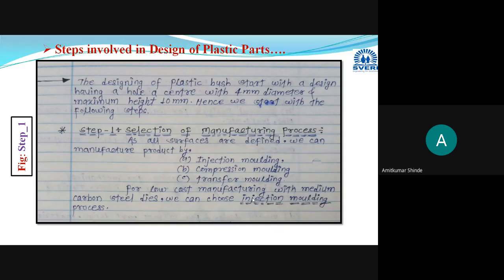And out of those three methods, injection molding, compression and transfer, injection molding is most suitable, as you can conduct this process with the minimum possible cost, and you will get the required dimensional accuracy also. Please note it down, the first stage, selection of the manufacturing process. And after that you have to write one sentence that low cost manufacturing can be possible with injection molding process.